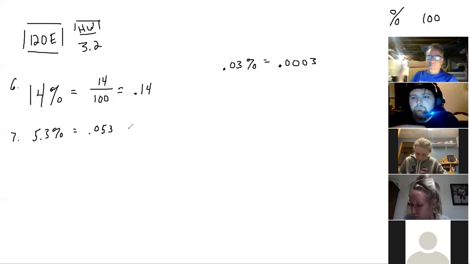And, you know, life skills. You're at a restaurant and you have to leave a tip. And they were great servers. They did a great job. If you look on a receipt, when they bring you the receipt, they generally put a breakdown. This is what a 20% tip would be. This is what a 15% tip would be.